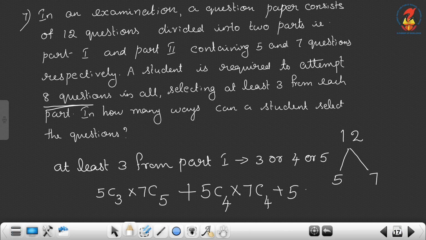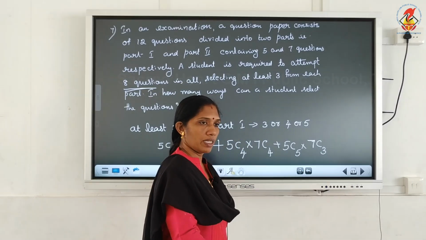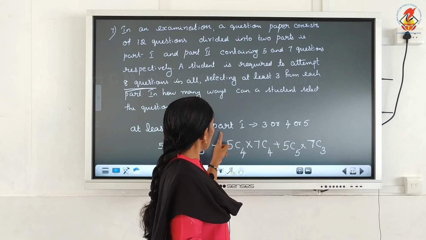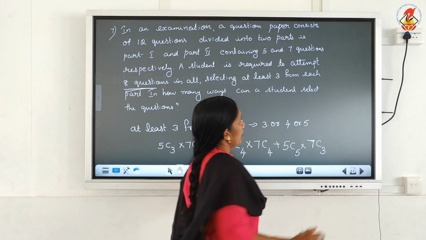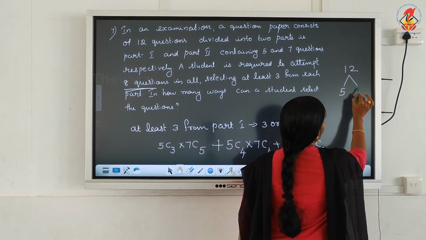So from 5 selecting 5, and the remaining 3 questions from the next part. Okay, so 5 plus 3 is 8. Is any other case possible? At least 3 means 3 or more. It is 5 and 7.